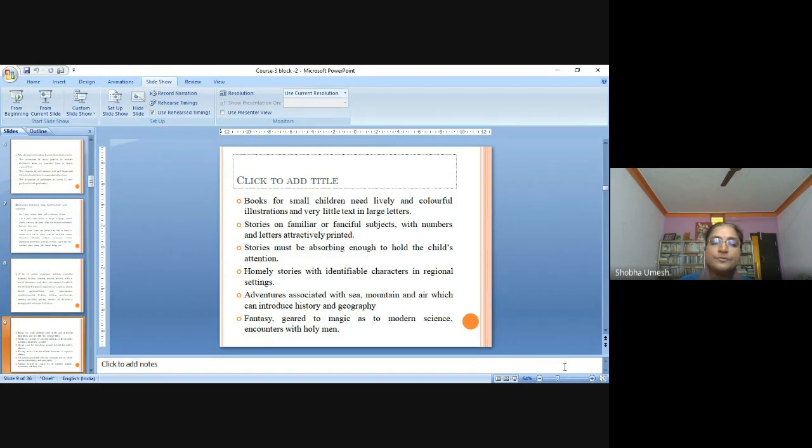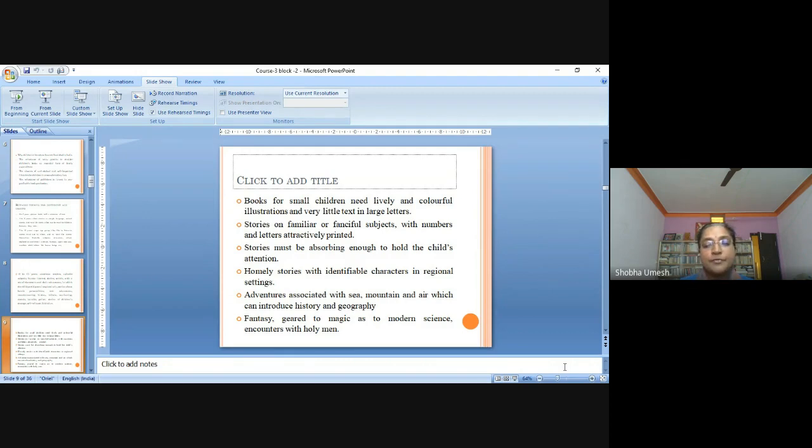And also when we narrate some stories, it should be homely and have identifiable characters in a regional setting. See, we should make the child familiar with the culture, the tradition, and the atmosphere in which we have grown up. See, we can't narrate a story which is not our culture, so the child will get distracted and will not be able to understand what we are trying to convey.